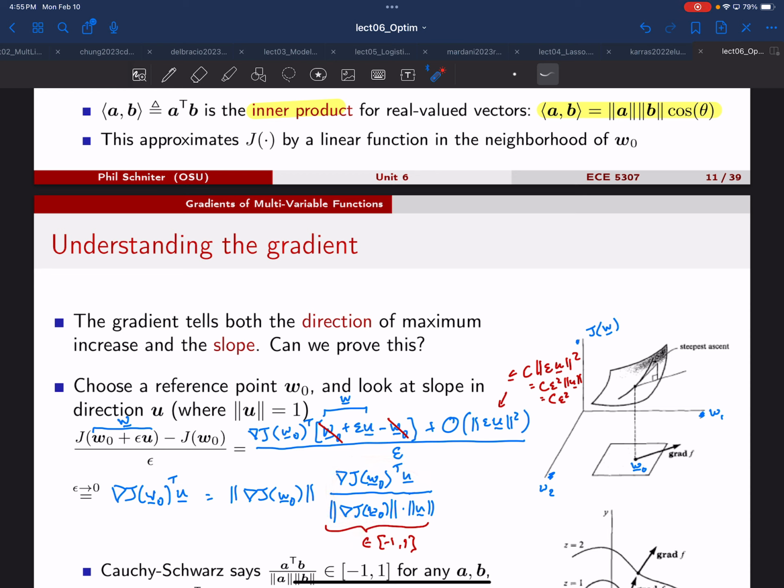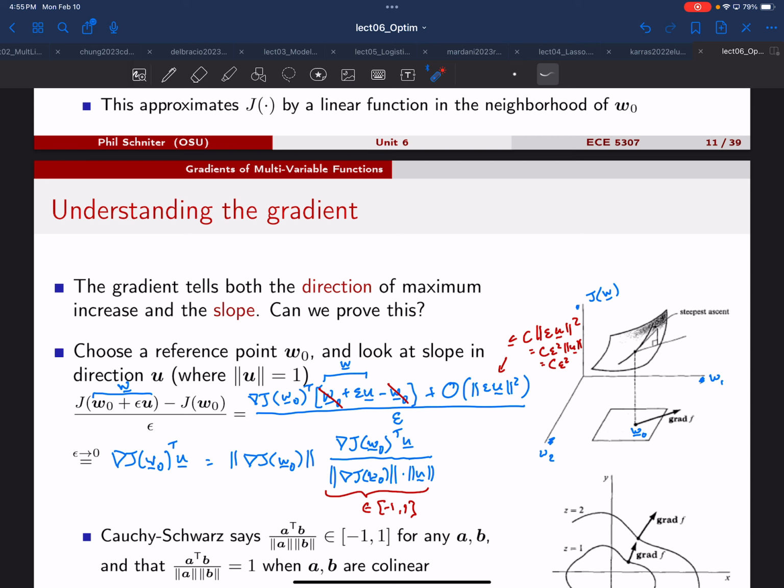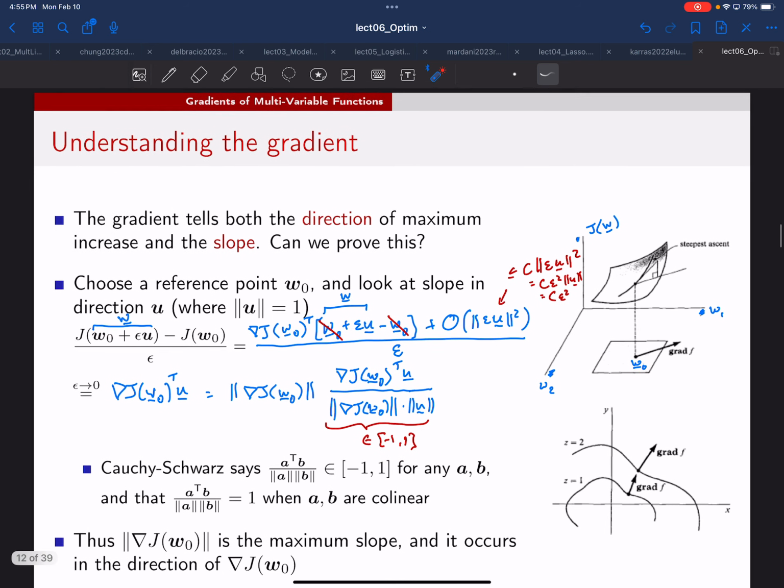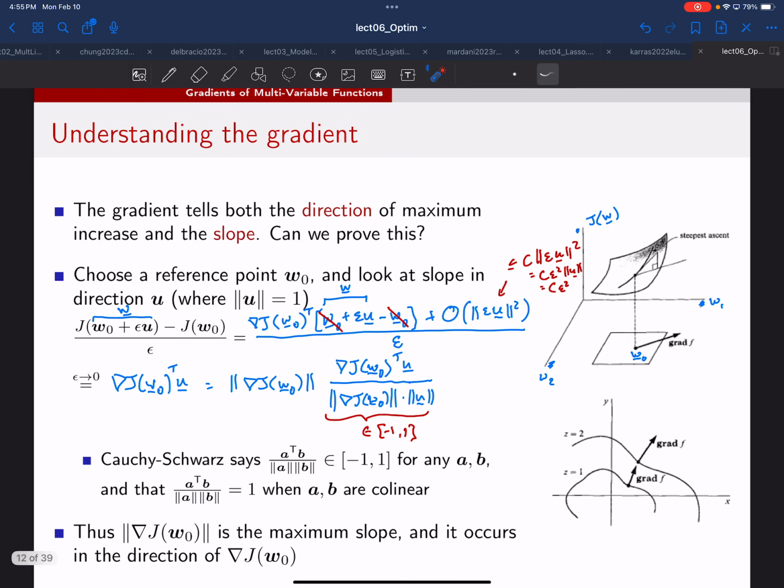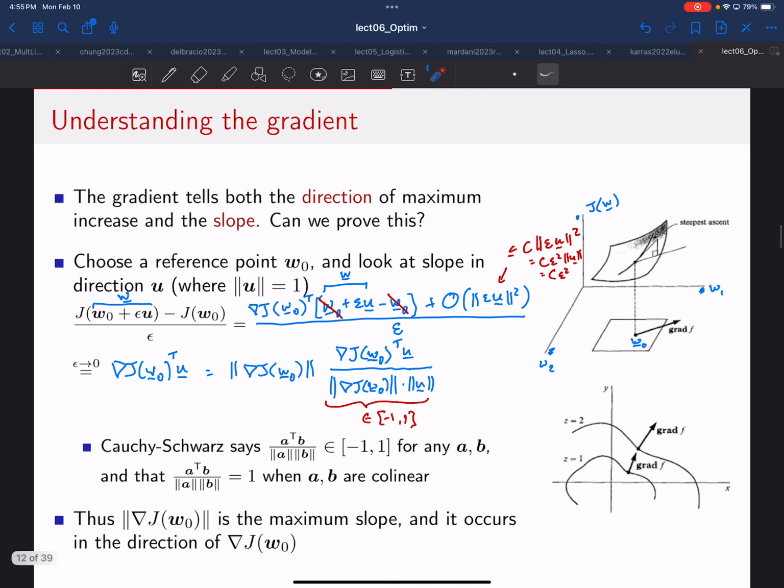Okay, so the point is that this directional derivative, which is basically what the slope is at this point, is the norm times some number between 1 and minus 1. So that means that the biggest the slope could be is the norm of the gradient.